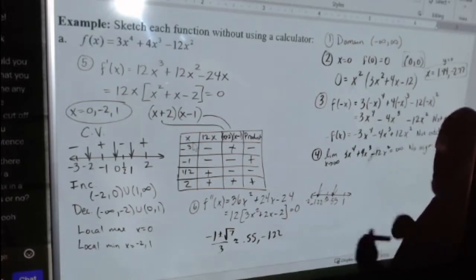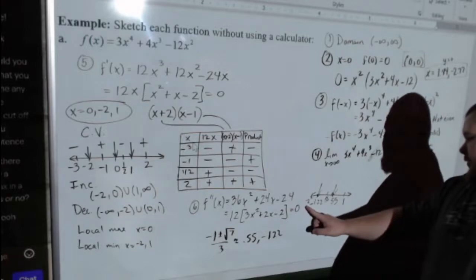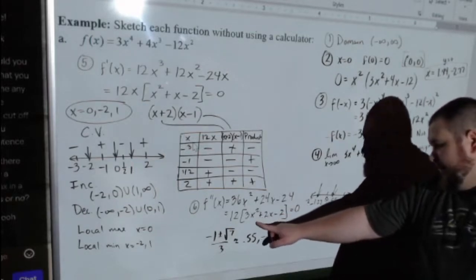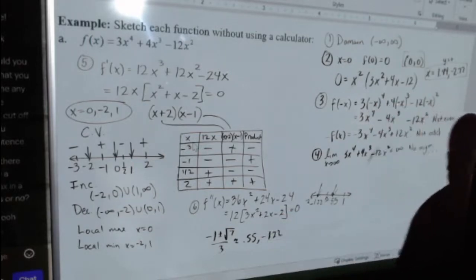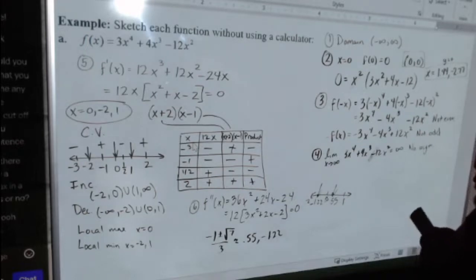So -2, if I plug that in here, all comes out to 6, so that's positive.